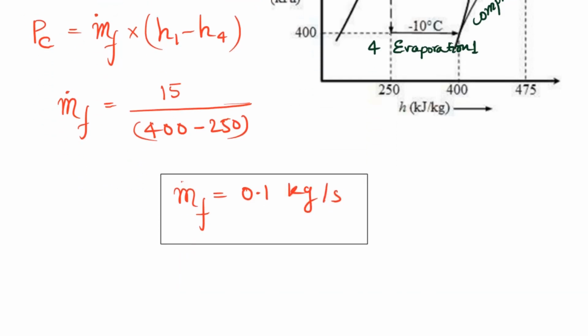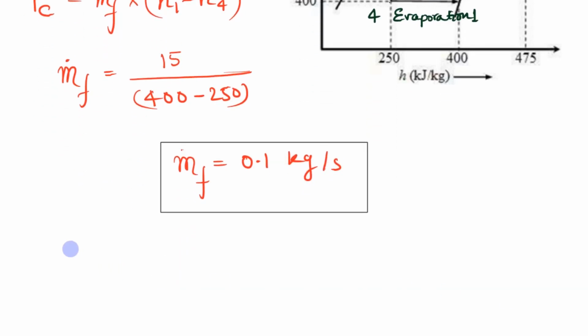Now in the problem, the isentropic efficiency of the compressor is also given. So let's say eta c is the isentropic efficiency of the compressor, that is 0.75.